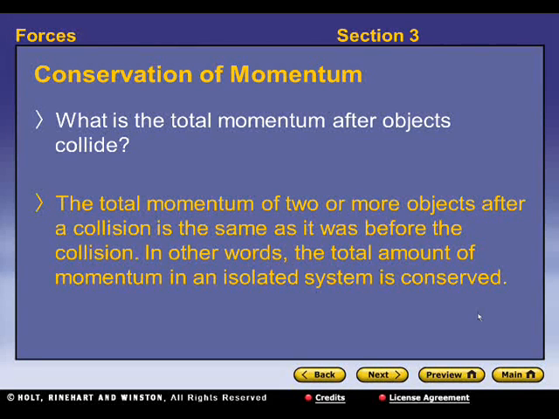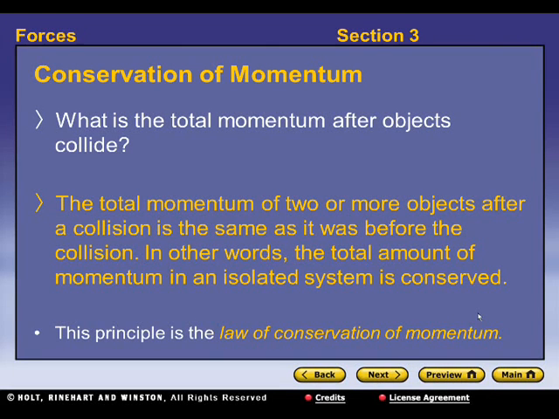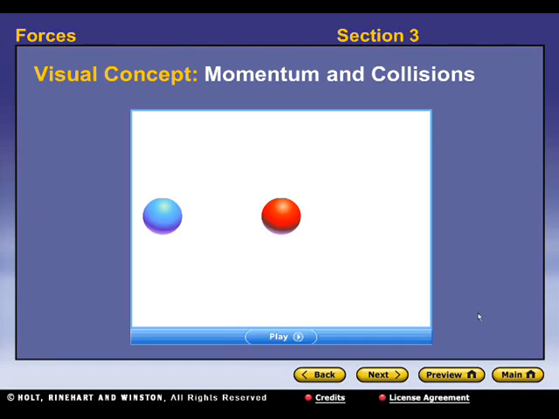It gives you a good way to see what goes on and how energy is transferred. This is called the law of conservation of momentum. So this little video is going to give us a demonstration of that.